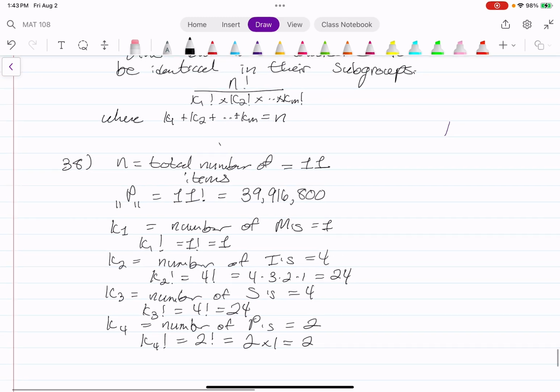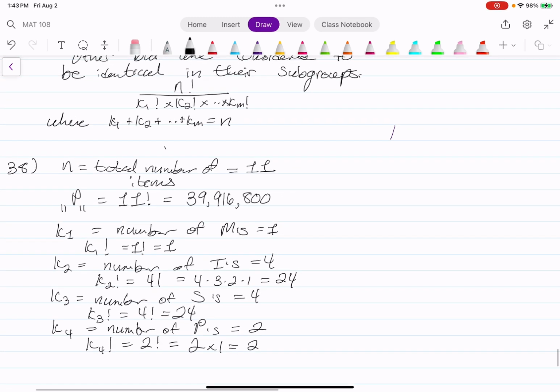Now we have all the information we need to answer this question. How many distinguishable permutations can be formed using the word Mississippi? So that's going to be 11 factorial divided by 1 factorial times 4 factorial times 4 factorial times 2 factorial.